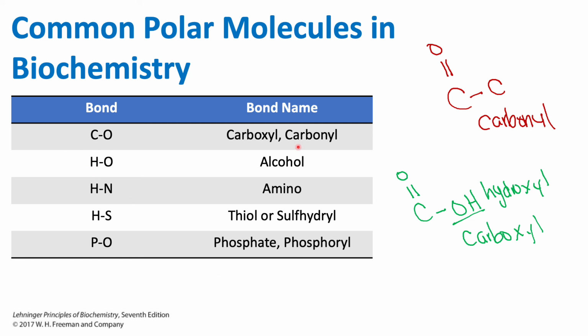Now, we see OHs in alcohols, we see N-H bonds in amino groups, and we'll see these in amino acids. An S-H bond is a thiol bond or a sulfhydryl bond. A P-O bond is a phosphate or phosphoryl bond. And all of these bonds are very commonly found within biochemistry.